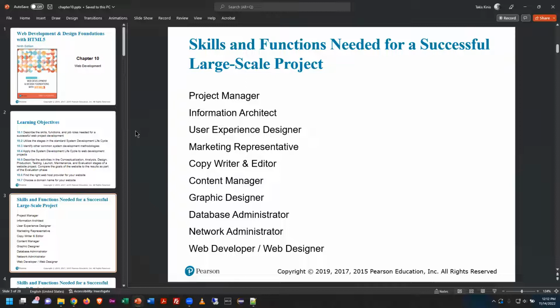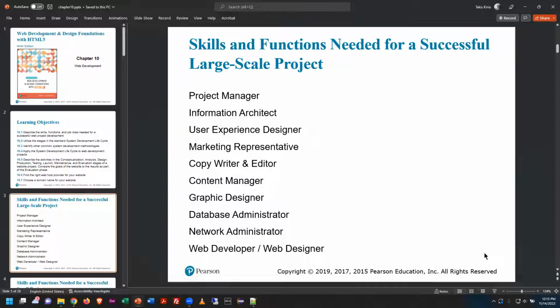The other thing that's interesting here is that you can see from the title of the slide that this is skills and functions needed for a successful large scale project. But what I always tell my students is all of these pieces are also required for small scale projects. And so if you decide to work for a smaller company, these individual job tasks that you see listed here might be job tasks in a large company that go to individuals.